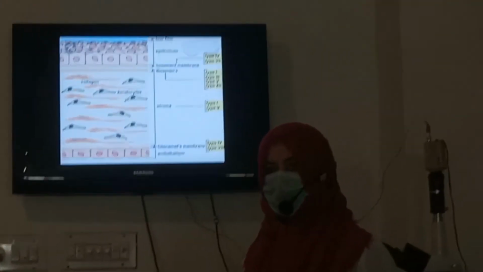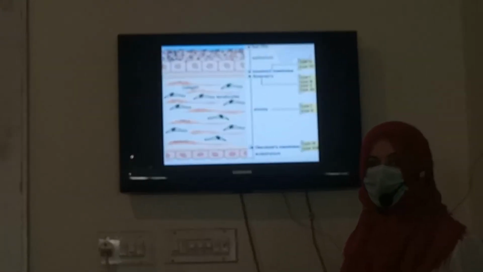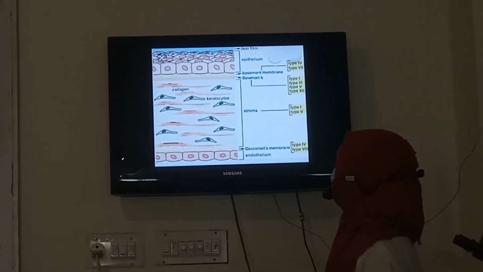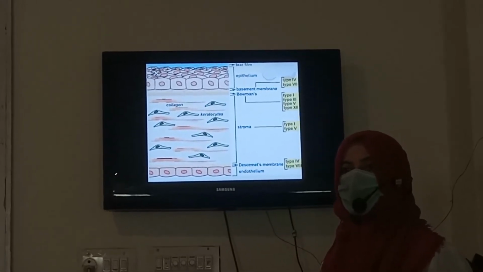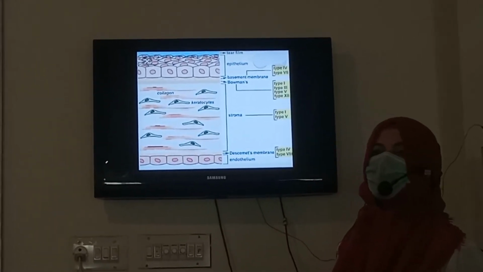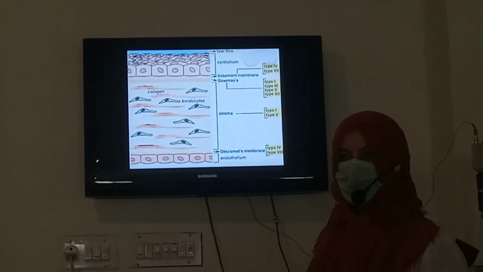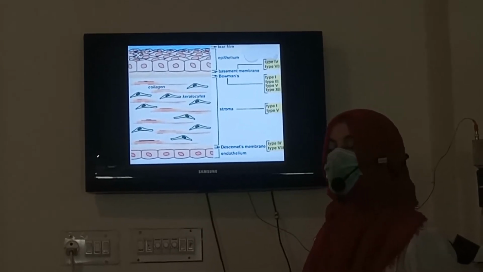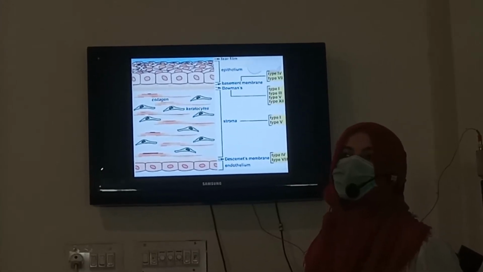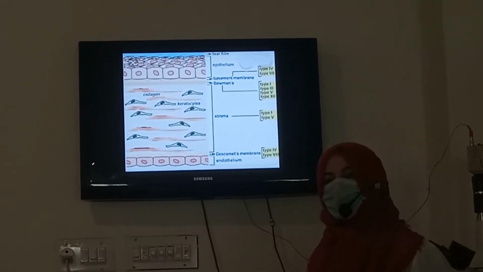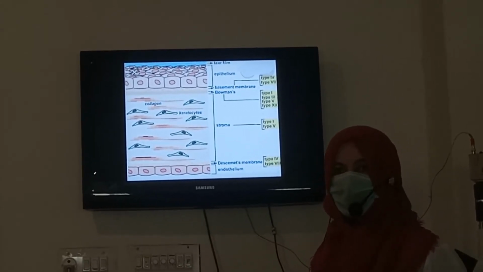So if there is an injury, what is going to happen? That layer will regenerate very well. You have experienced that whenever there is a dust particle or an eyelash in your eye, you blink, and there are many reflex mechanisms through which you save your eye or cornea from injury.